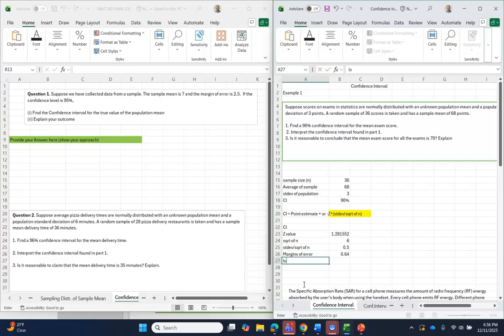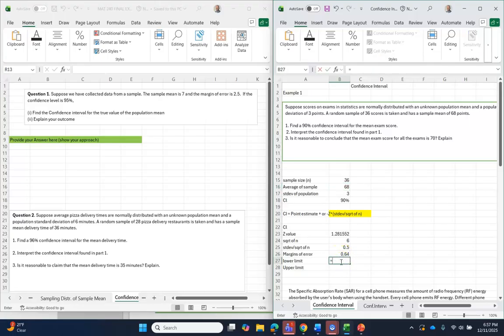So I'm going to write here the lower bound, or we call it the lower limit, and we can find also the upper limit. To get the lower limit, we will take the point estimate, which is the average of the sample, minus the margin of error.